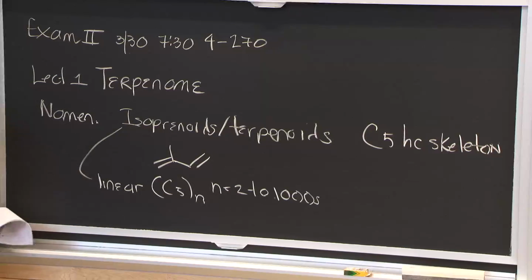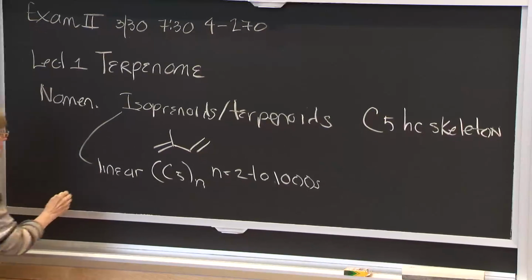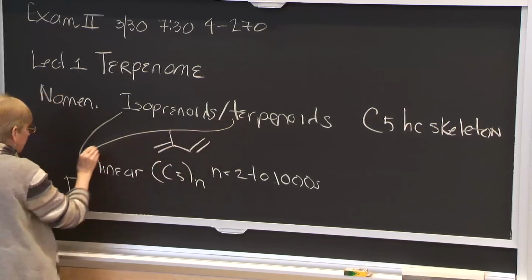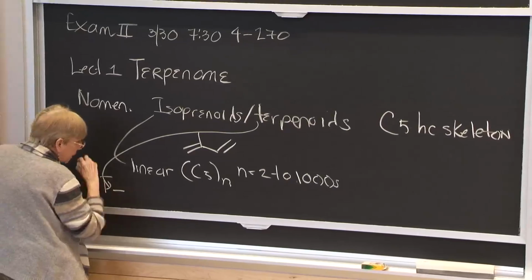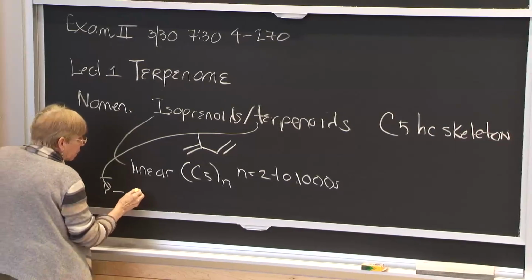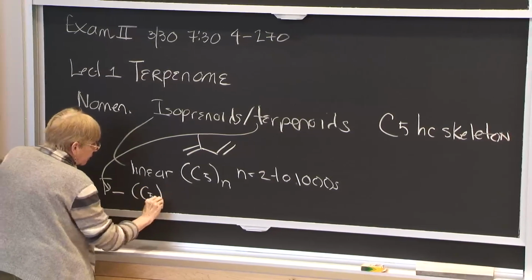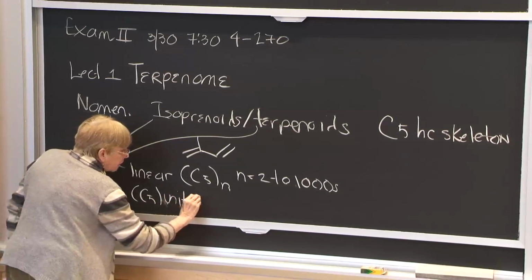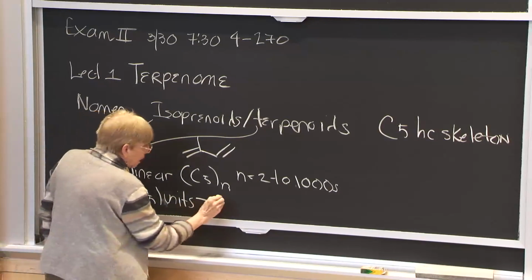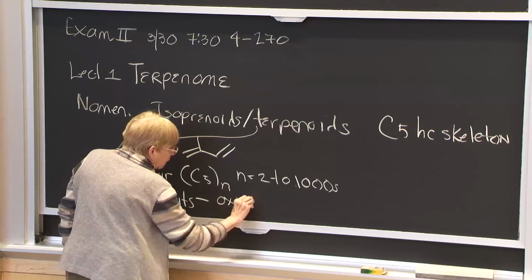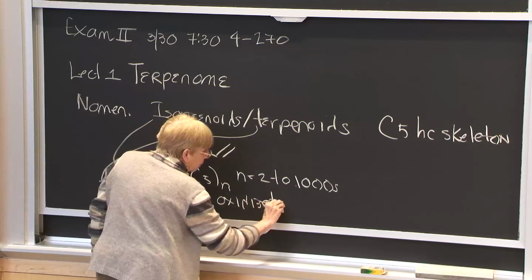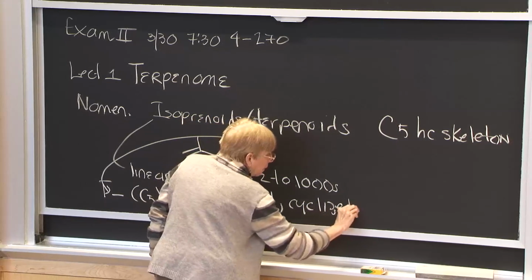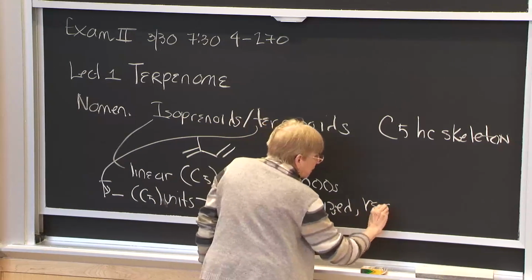And then the terpenoids, so let's just use terpenoids over here, in general are also made of C5 units, but often they're oxidized, cyclized, and sometimes rearranged.